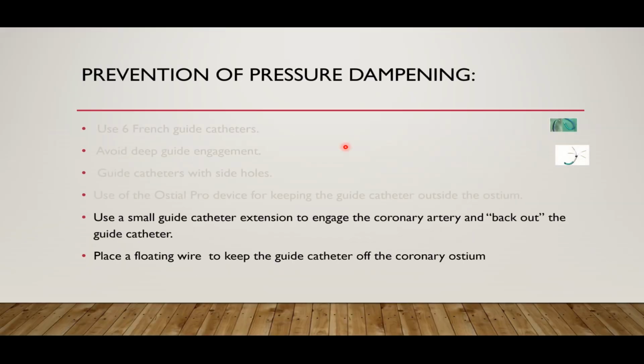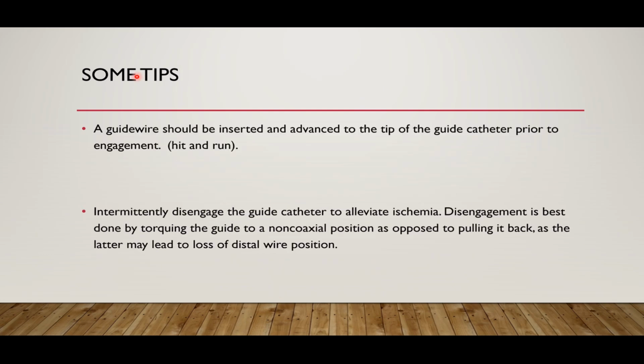What other measures prevent pressure dampening? Using a small guide catheter extension to engage the coronary artery and back out the guide catheter. Or finally, place a floating wire in the aorta to keep the guide catheter out of the coronary artery. Here are some tips.